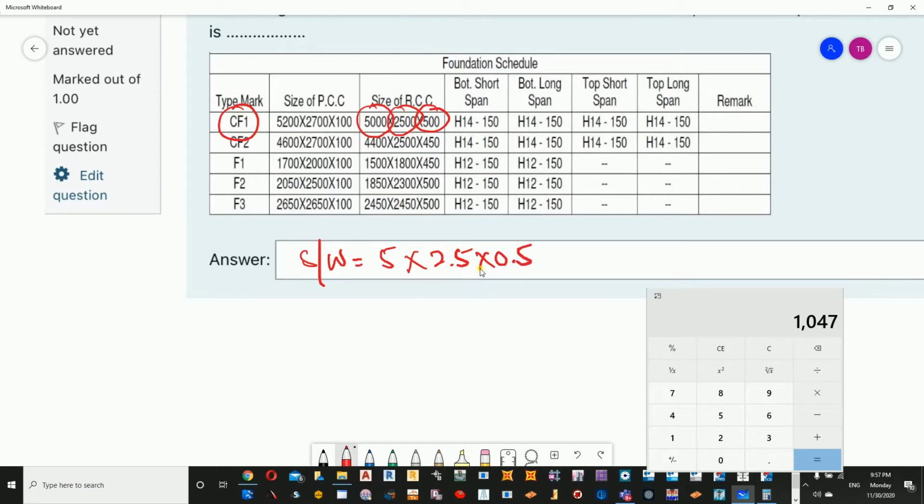And I have already explained these things, stating the length, the width, and the depth. If you remember, I opened the foundation schedule for you. Now this is the volume to calculate the self weight.